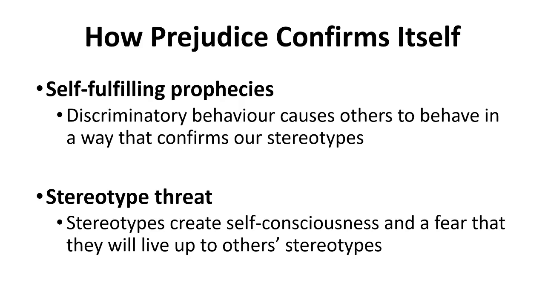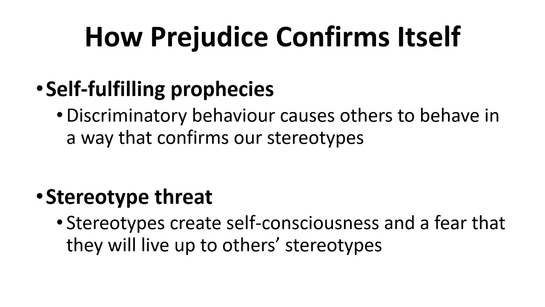On the other side of things, we also have what's called stereotype threat, where people who are part of a group that is often stereotyped sometimes have this self-consciousness and a fear that they're going to live up to stereotypes. So maybe they're so worried that they're going to fulfill a stereotype that they start acting strangely.